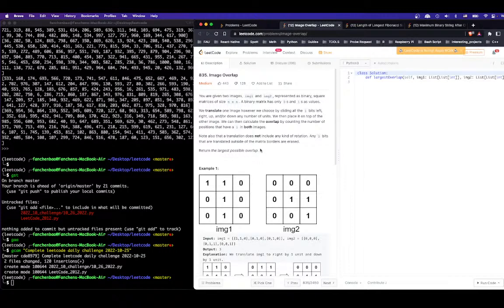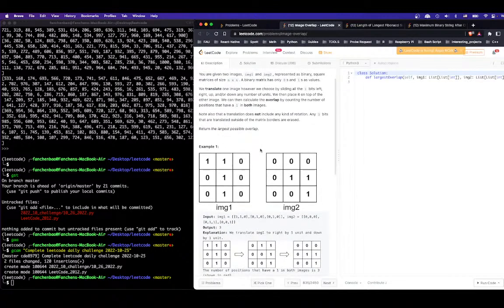We then place it on top of the other image. We can then calculate the overlap by counting the number of positions that have 1 in both images. Note also that a translation does not include any kind of rotation. Any 1 bits that are translated outside are erased.